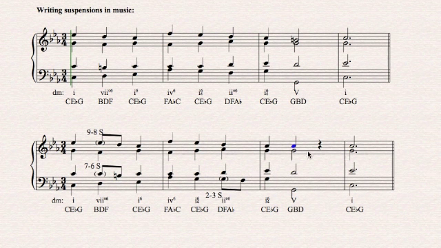So C, B natural. There we go. Here's my suspension, and it's a 4/3 suspension. So let's label that there, and then let's listen to this and see what it sounds like. Since I'm just doing this on the fly, I don't know what it'll sound like. So here we go. Let's play this.